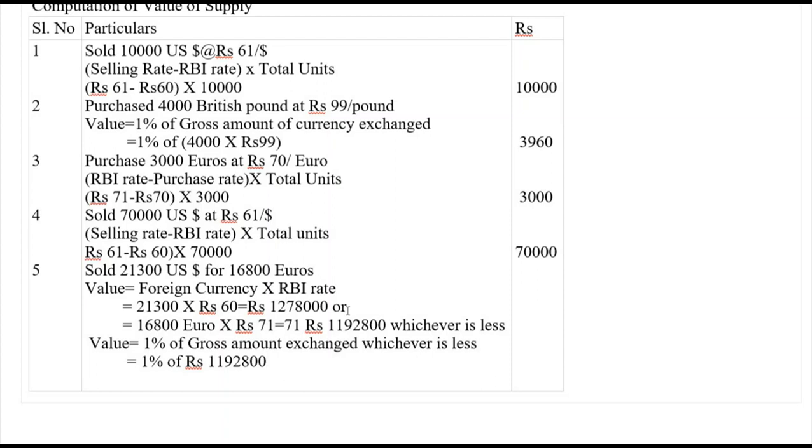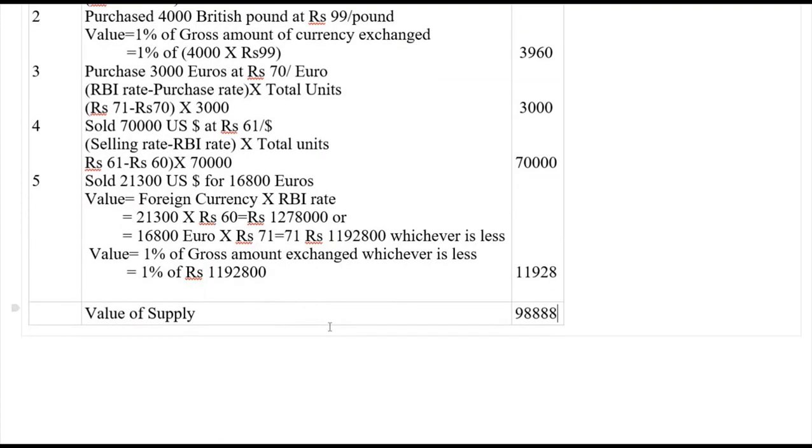Calculating 1% of this, we get rupees 11,928. Therefore the value of supply will be the sum of rupees 10,000 plus 3,960 plus 3,000 plus 70,000 plus 11,928, which comes to 98,888. This is the value of supply.